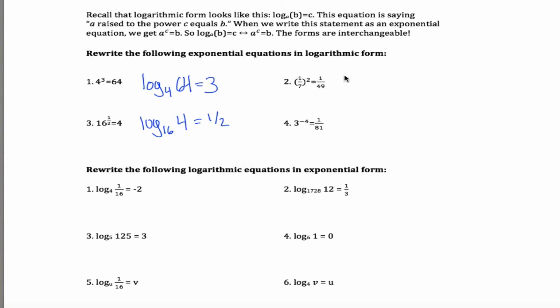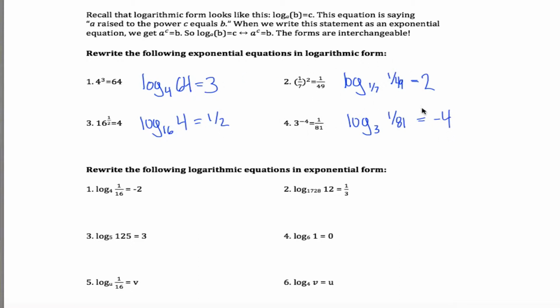And up here, you could say that the log base 1/7, which is rare, usually you don't see fractional bases like this, but it's possible, I guess, of the number 1/49 is equal to 2. And then this one over here is telling you that the log base 3 of 1/81 is equal to -4.